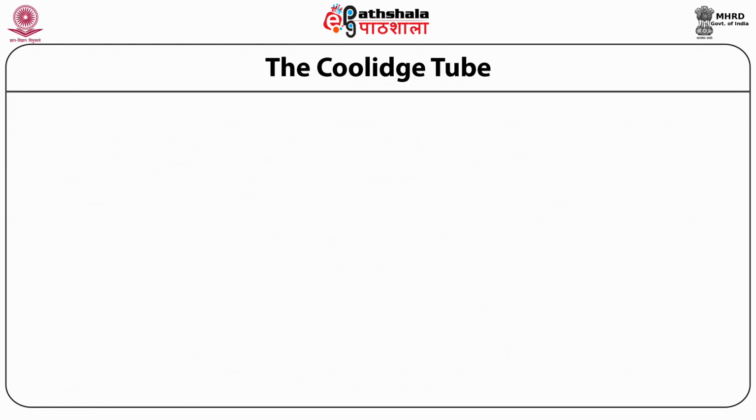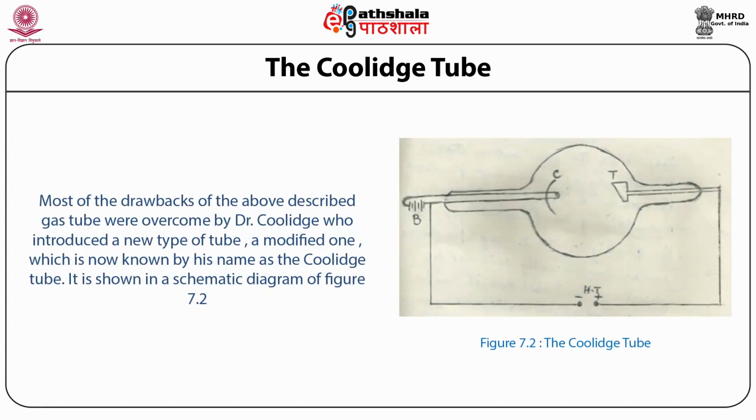The Coolidge tube. Most of the drawbacks of the already described gas tube were overcome by Dr. Coolidge, who introduced a new type of modified tube, which is now known by his name as the Coolidge tube. It is shown in a schematic diagram of figure 7.2.